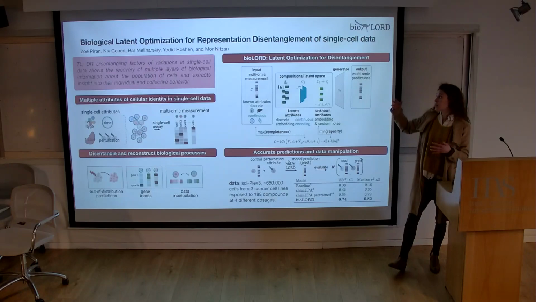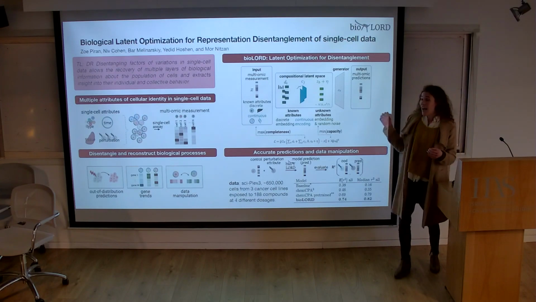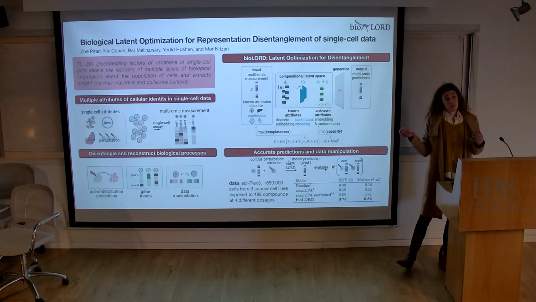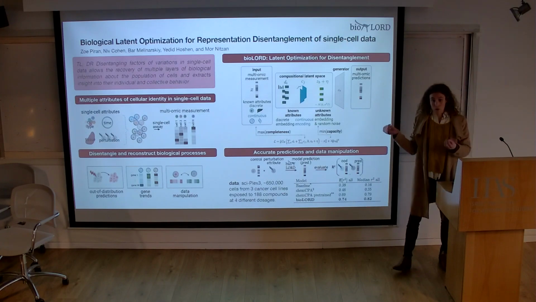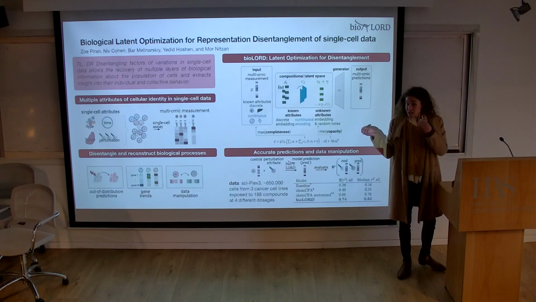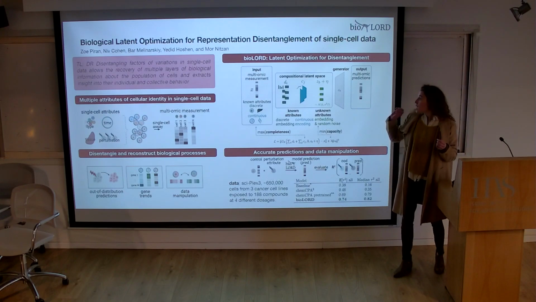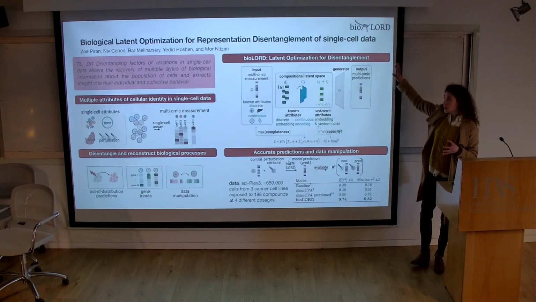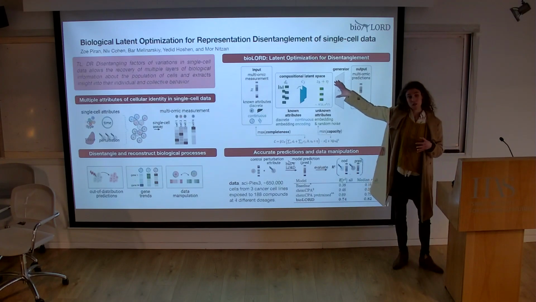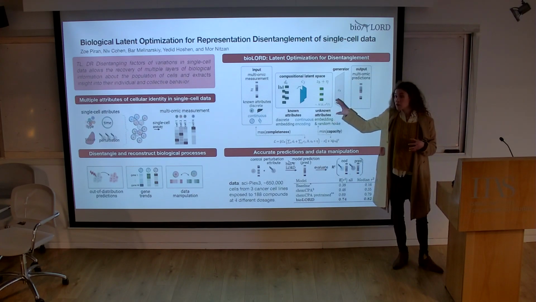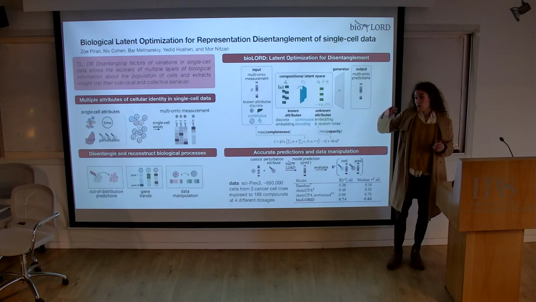To this end, we present BioLord, which relies on LORD, which is a state-of-the-art model for disentanglement in image analysis, which was presented by Gabay et al. 2 years ago. As input, we take multi-omic measurements of single cells along with labels for some known attributes.